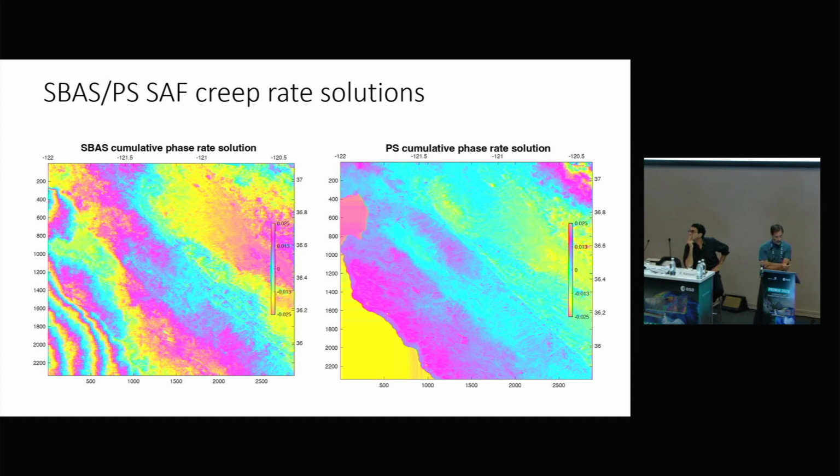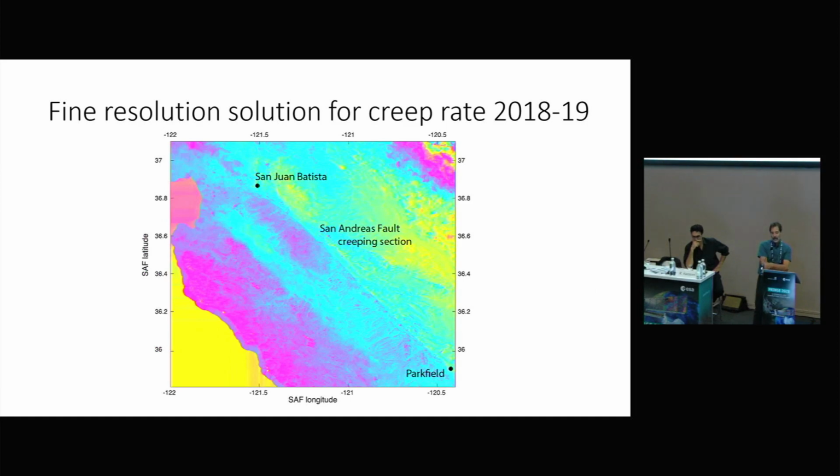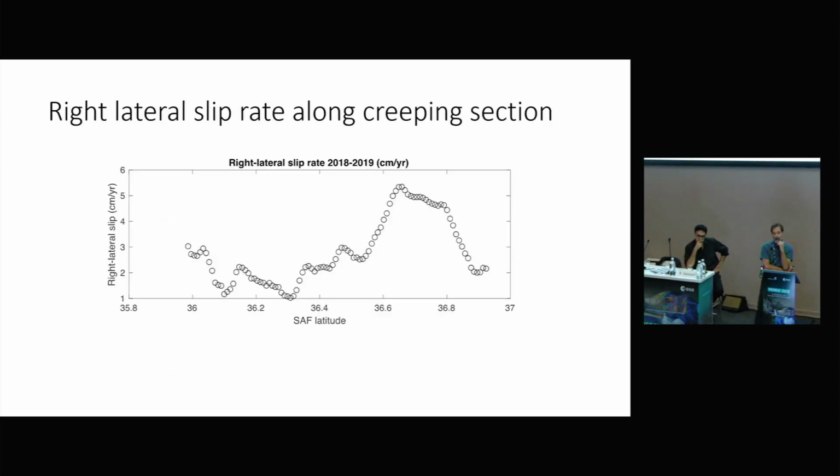So the combined method is really doing quite a good job of isolating the real signal because we've thrown out all the pixels that add decorrelation. Here that is blown up a little bit again to highlight this creeping section that runs from a town called San Juan Bautista in the north down through another town called Parkfield in the south.